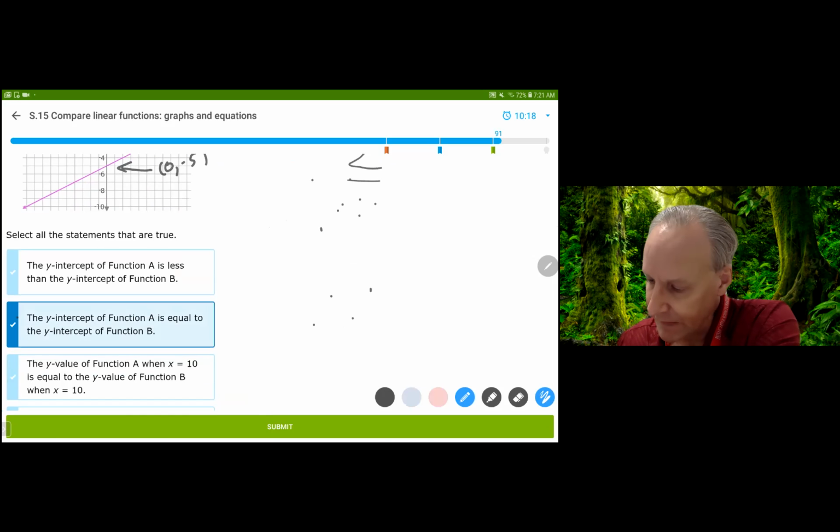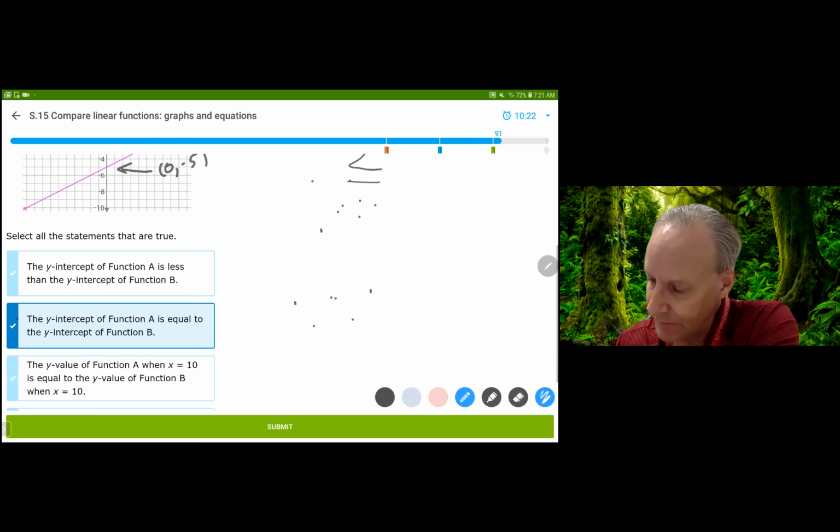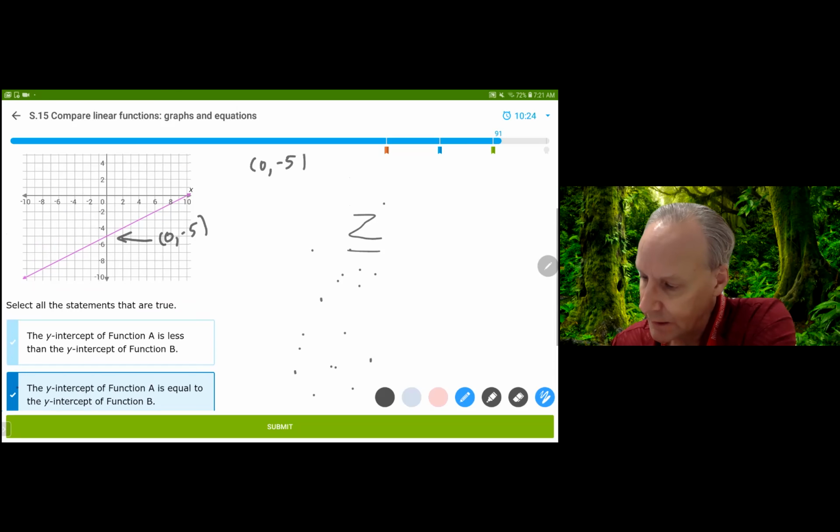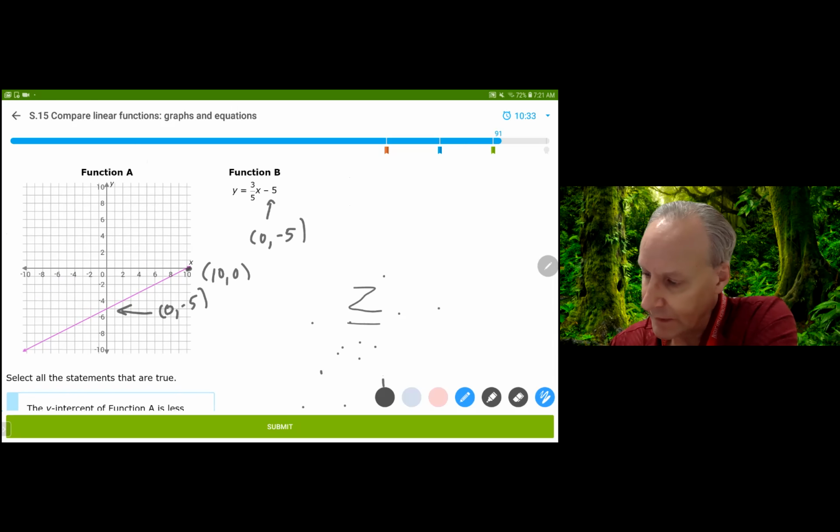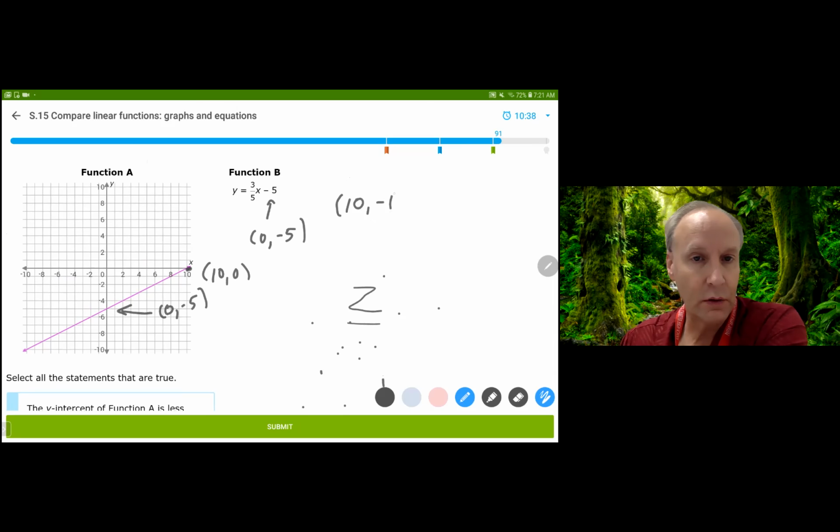Oh, and the value, good thing I read it, the value of function a when x equals 10 is at 0. This is 10, 0. And let's see, what about this one? And if I put a 10 in here, I get -1. So 0 happens to be bigger than -1, isn't it?